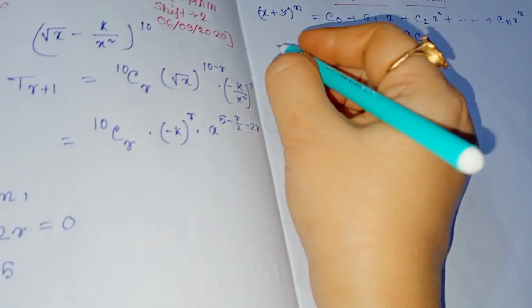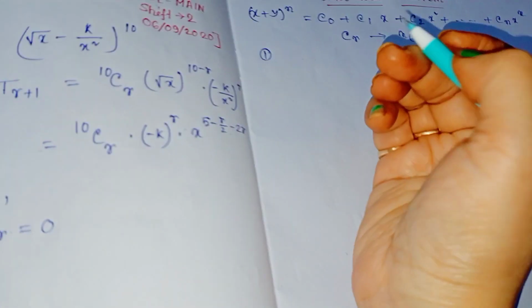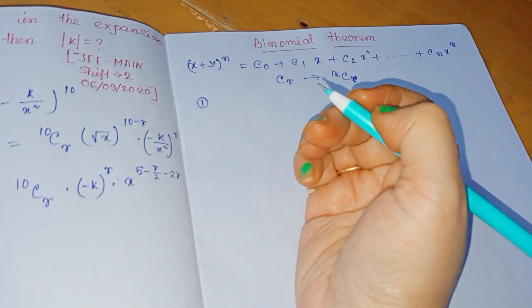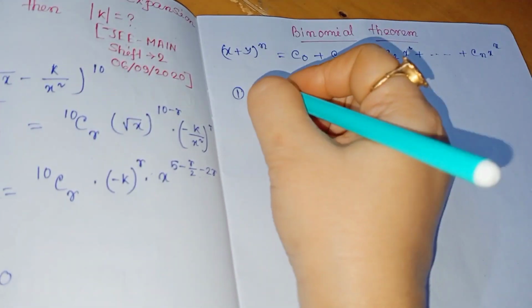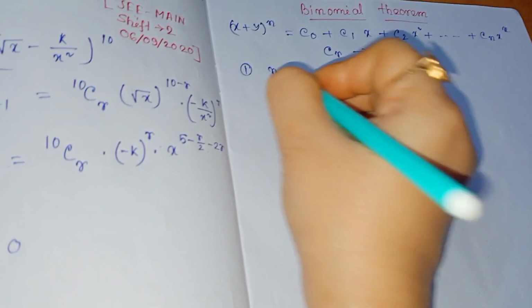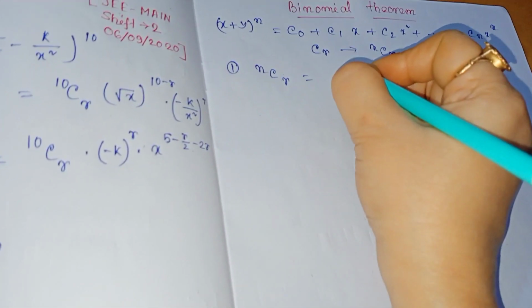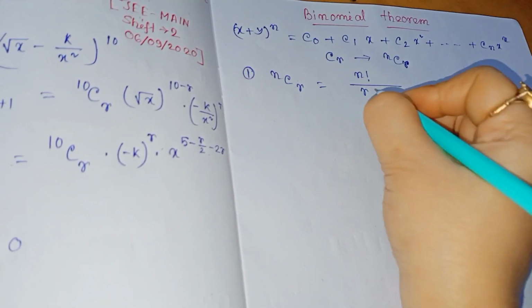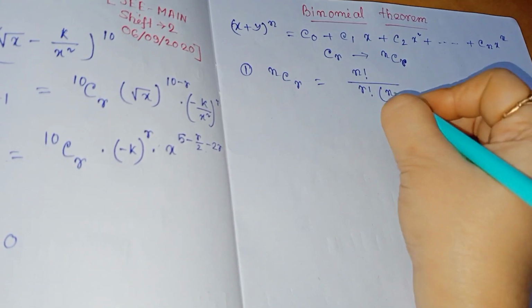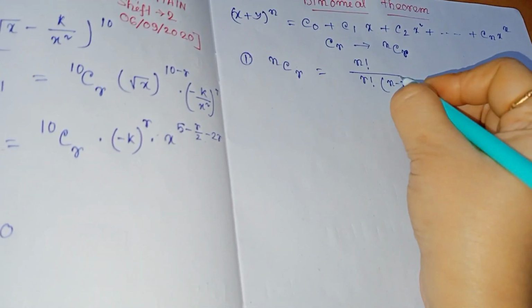Some formulas we should always keep in memory. Number 1: nCr is equal to factorial n divided by factorial r into factorial (n minus r).